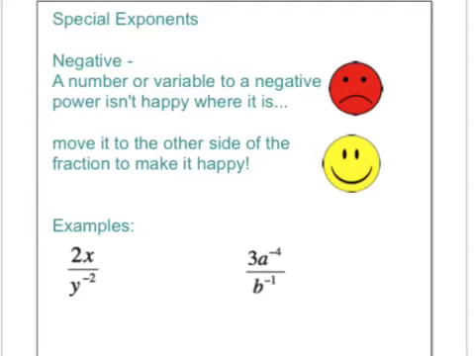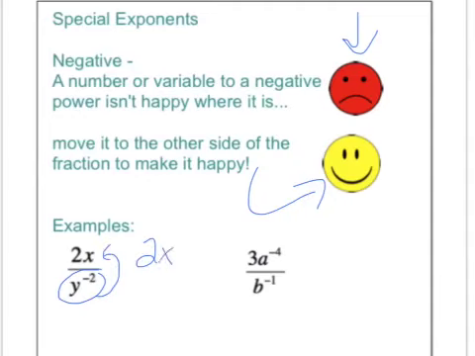Negative exponents. If an exponent's negative, it's not happy, hence the unhappy face. If you move it to the other side of the fraction, you make it happy. Alright, so let's take a look at a couple examples. If I've got y to the negative second power in the denominator, I've got to move it up to make it happy. 2x y squared. We're done.